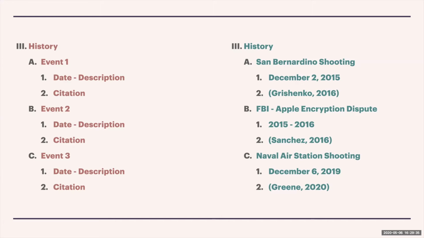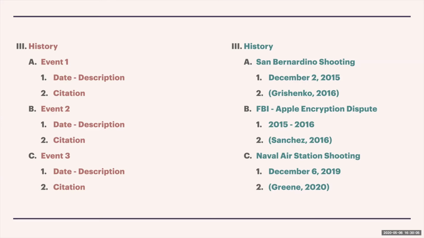And then that died down for a while, after the FBI was able to use a third-party dealer to open up the phone. But then the Naval Air Station shooting in Pensacola, Florida last year kind of reopened the debate again between the FBI and Apple and the tech industry writ large. So that's where this is kind of bubbling up.